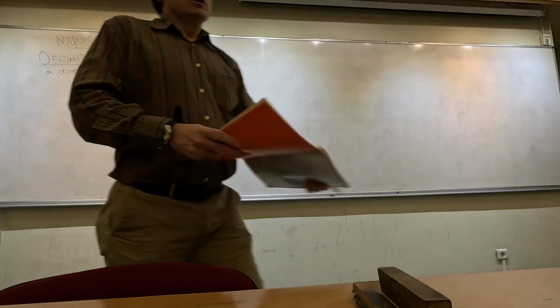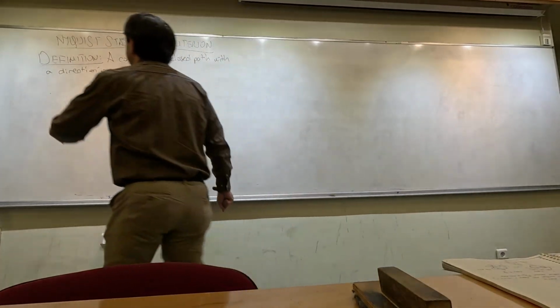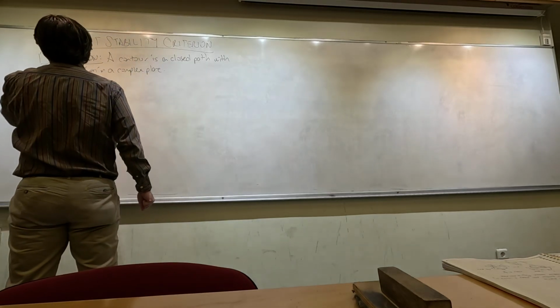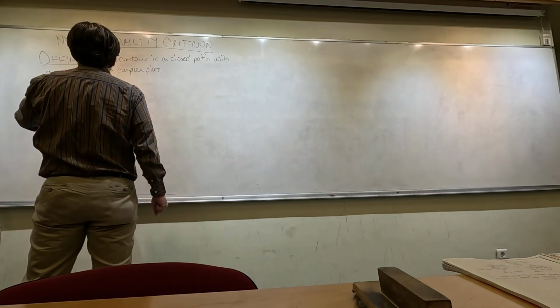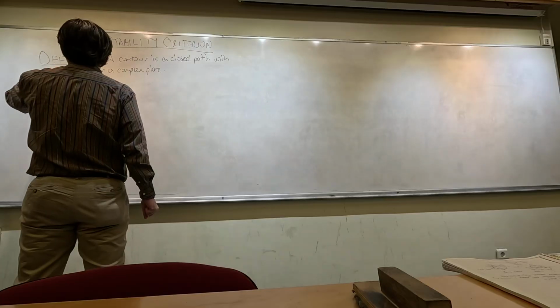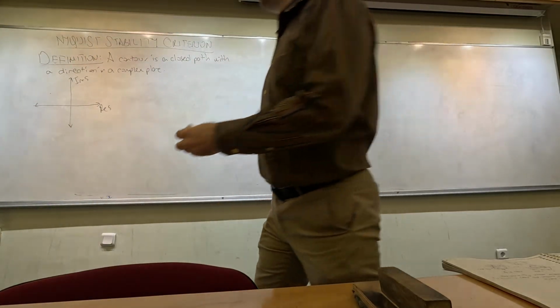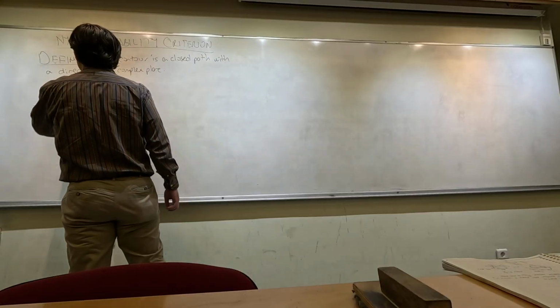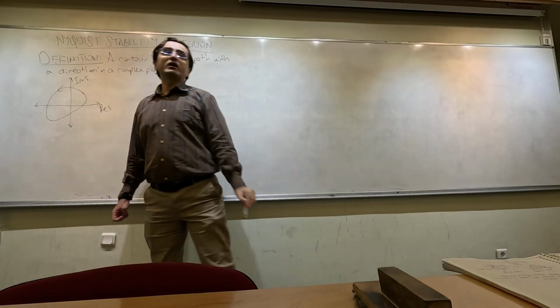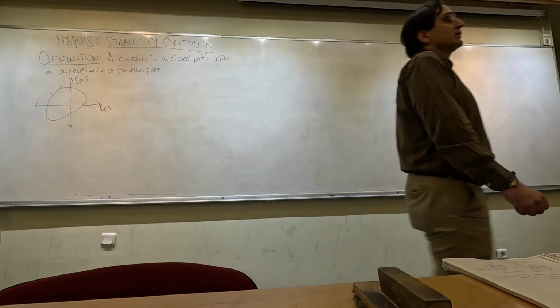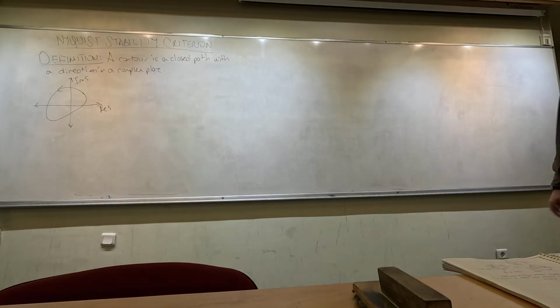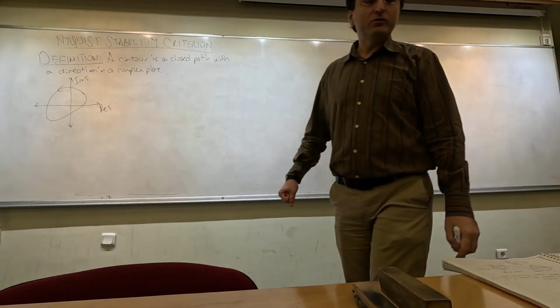Okay? So let me show you. We will be talking about contours in S-plane, for example. So this is real of S, imaginary of S. And a contour is a very simple thing. It's a closed path like this with a direction, clockwise or counterclockwise direction. Okay, so we will be defining these contours.